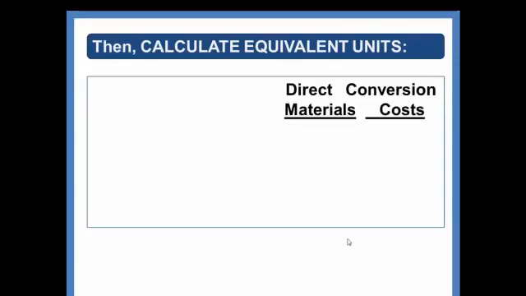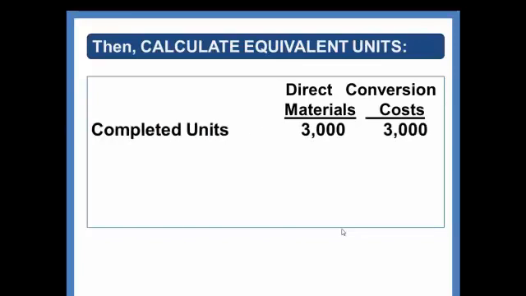Now we can calculate the equivalent units of production. You'll notice that we have two different percentages completion, one for direct materials and one for direct labor and overhead. So we're going to have two columns, one for materials and one for labor and overhead, or conversion costs. When you calculate equivalent units, what you're trying to do is figure out the equivalent units completed during the period.